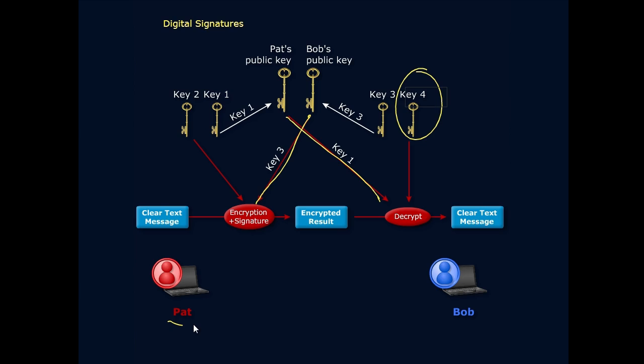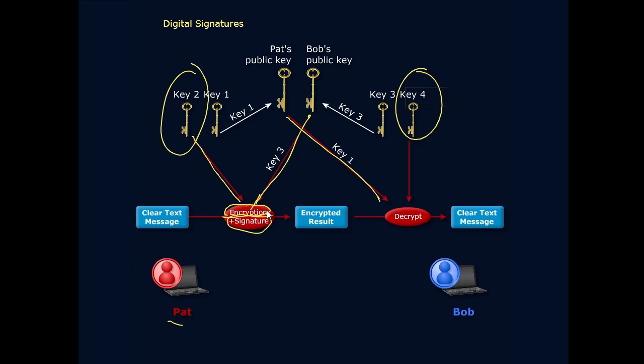Well, first off, Pat uses my public key for encryption. But how are we going to do the signature? How are we going to ensure that Pat alone sent this message? Well, Pat's going to take her private key and Pat is going to encrypt this item.